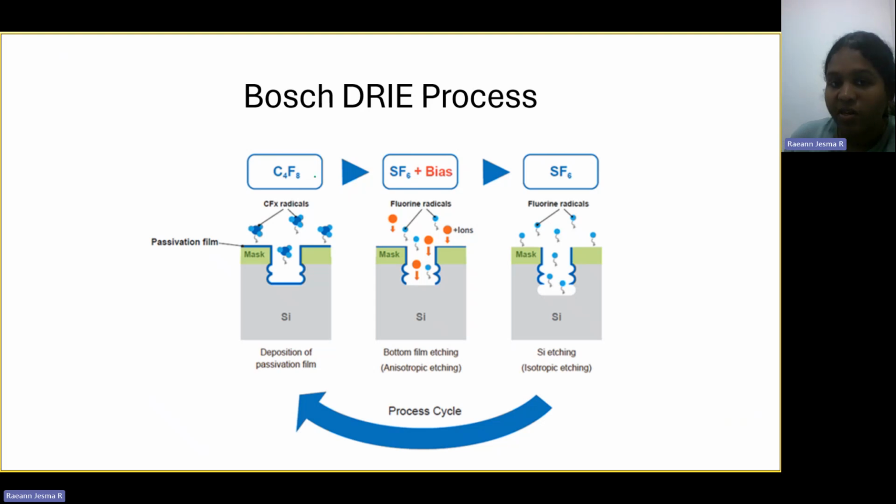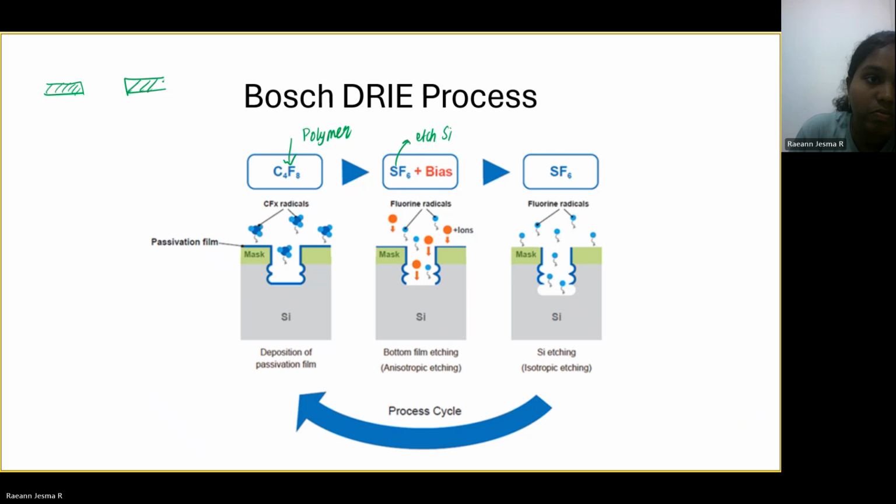So if you are starting with a pattern like this and we have photoresist here, then in the first step a polymer will get deposited everywhere. Then in the second step SF6 gas will be passed through, and also some amount of bias will be given, so the etching will start to happen.